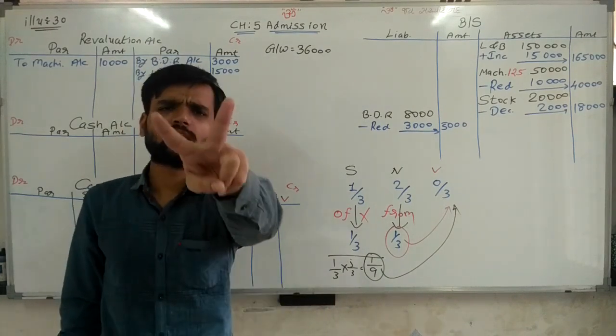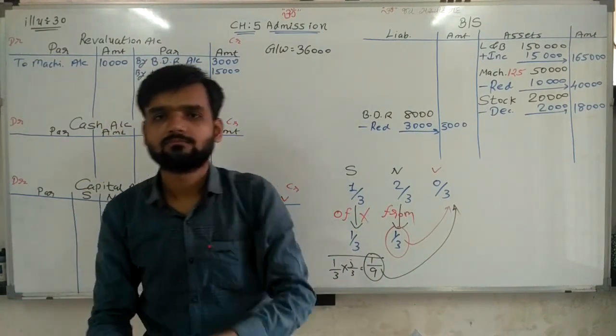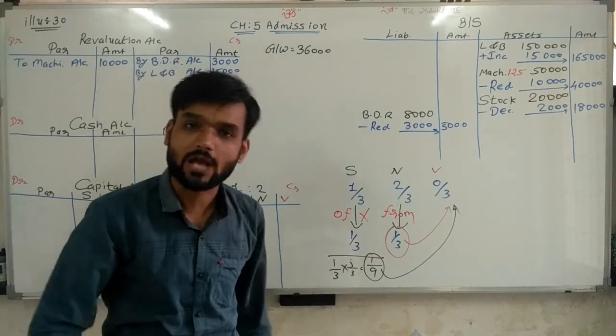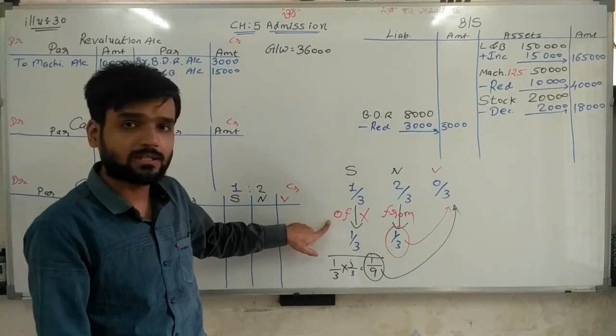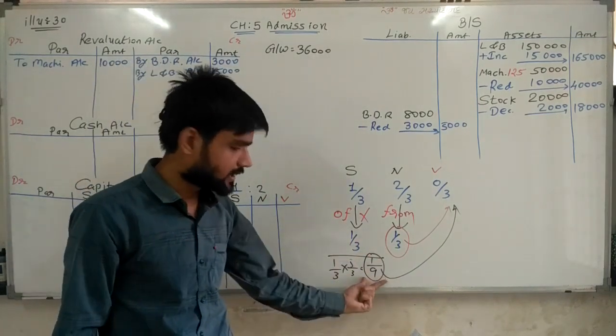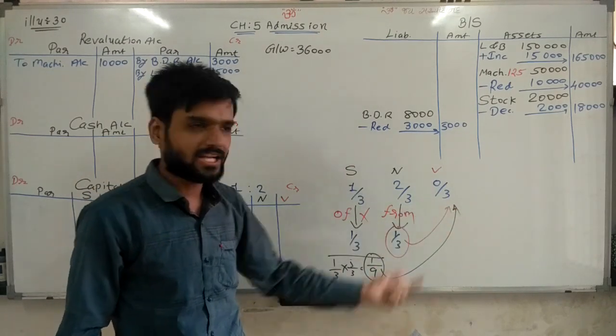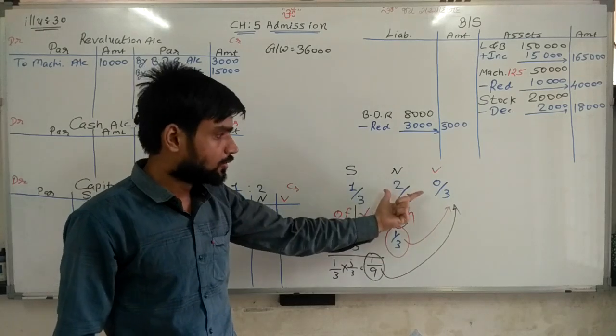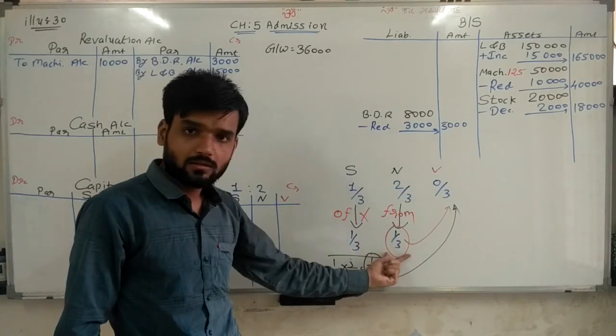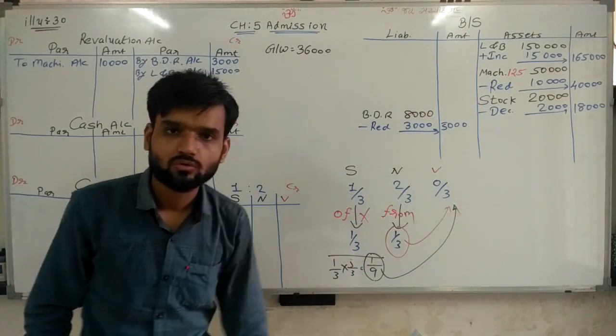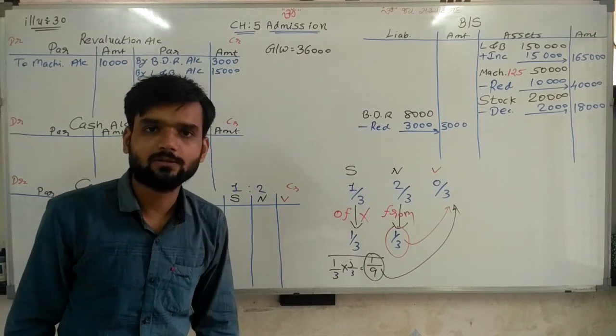In this sum both are included, of and from. So you can make the difference between the two. If of is given, multiply both, and whatever answer, that is given to the new partner. And if from is given, directly that ratio we give to the partner.